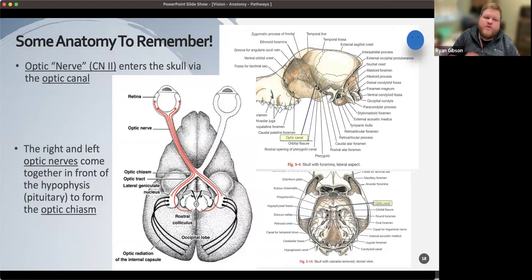So we're going to send cranial nerve 2 through the optic canal. When we get into the brain cavity, the right and left optic nerves come together in front of the pituitary, i.e., the hypophysis, to form the optic chiasm. So where left and right nerve come together, that's our optic chiasm.